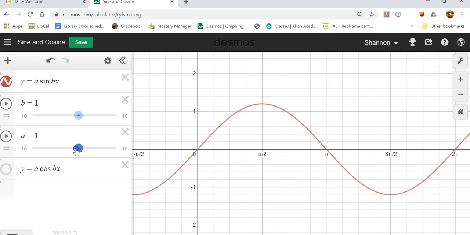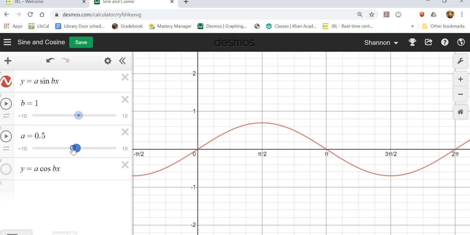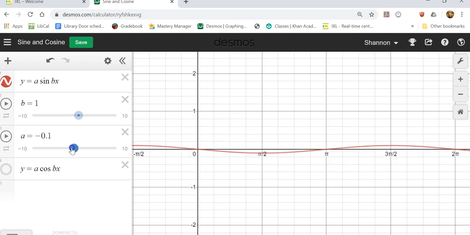So as I go back to a is 1, notice my maximum is at +1. A is 0. Boom, the whole curve flattens. That's because you're taking a value times the function, and 0 times the function is 0, so we have a horizontal line. So a equals 0 is never going to be our amplitude, because then I don't have a periodic function, I have a linear function.